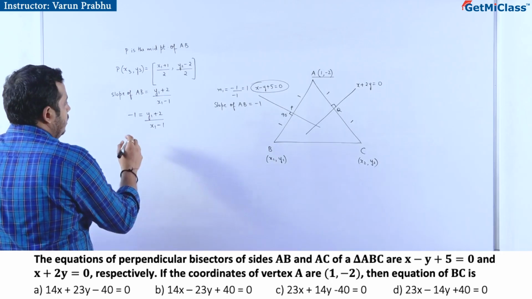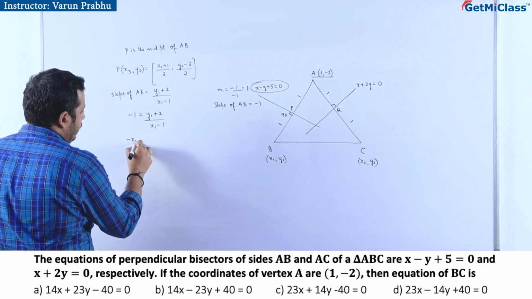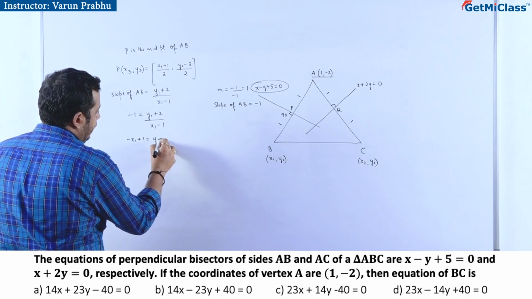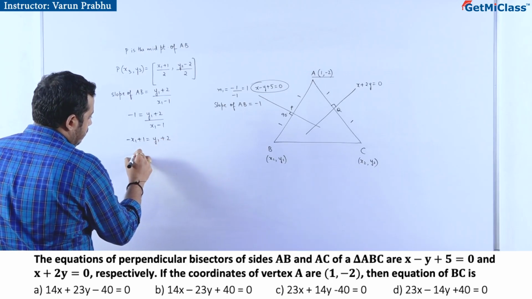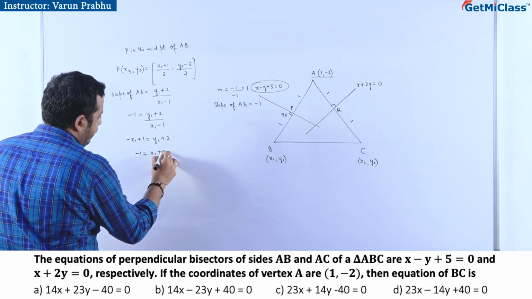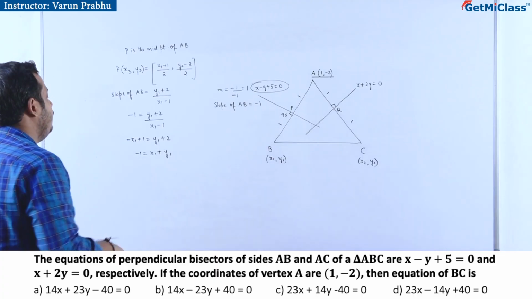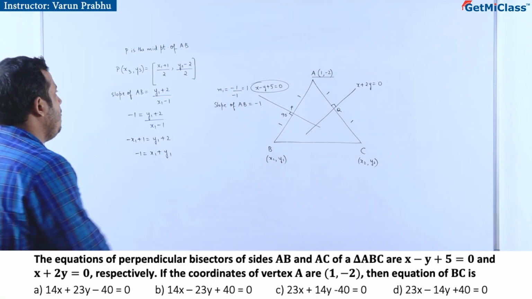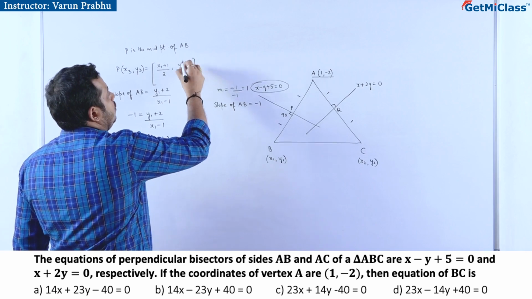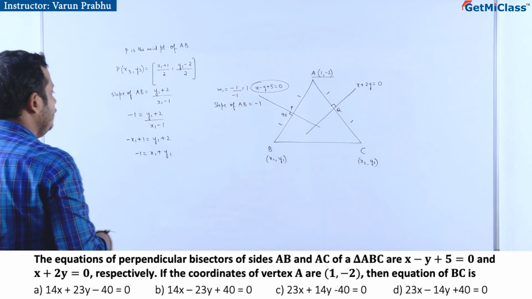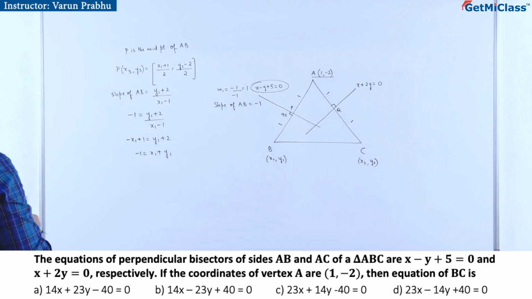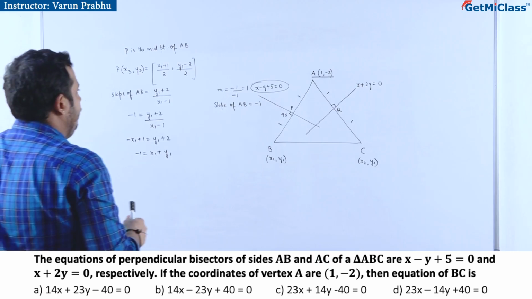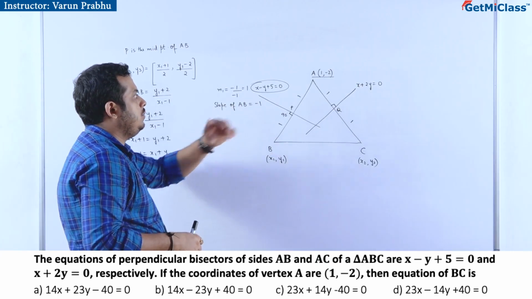Now if you can see here, minus x1 plus 1 is equal to y1 plus 2. So I can say minus 1 is equal to x1 plus y1. x1 plus y1 is equal to minus 1 is what we have to get, right?